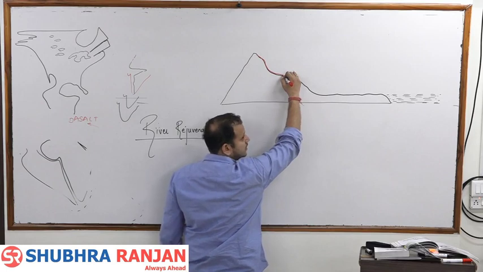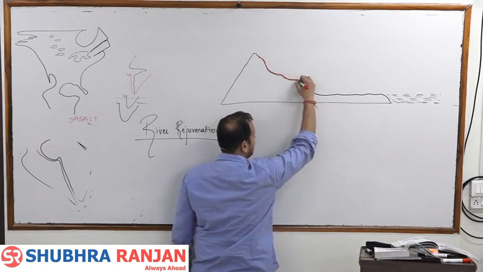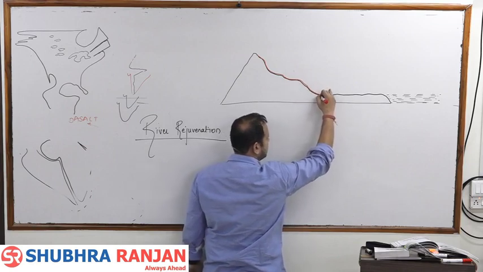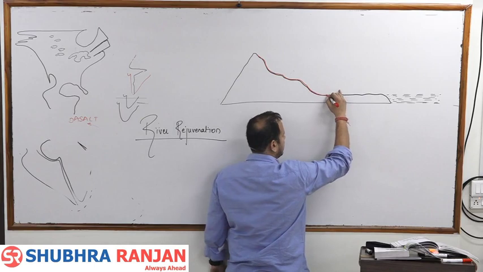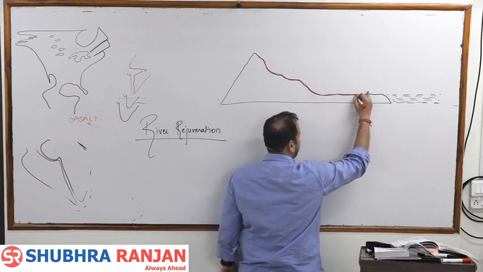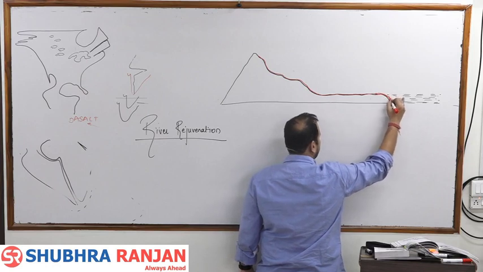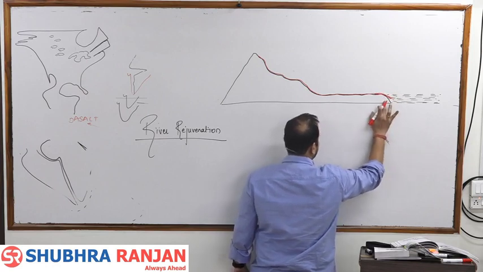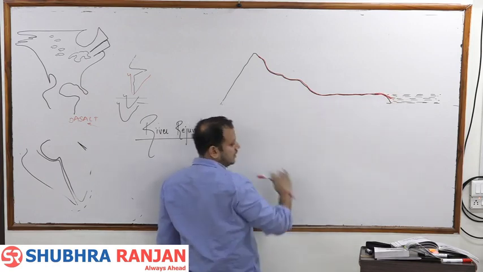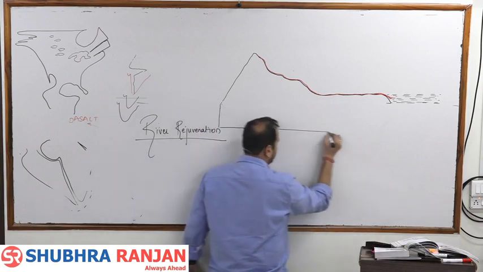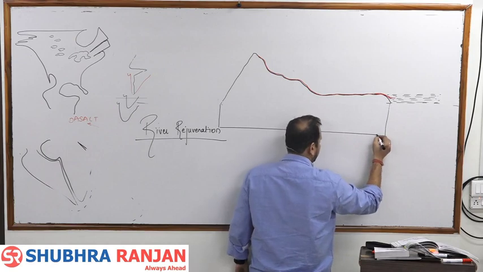Energy means erosion is more. It comes into the plains, its speed decreases, its erosion capacity decreases. And it comes into still flatter land because it meets the sea, and its erosion capacity decreases further. Fine. This is our imaginary landform, and this is what one cycle of erosion will be. Getting it? And this is all the sea.